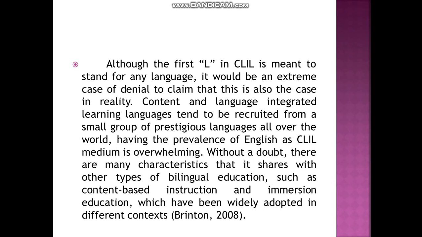Also, the first L in CLIL is meant to stand for any language. It would be an extreme case of denial to claim that this is also the case in reality.